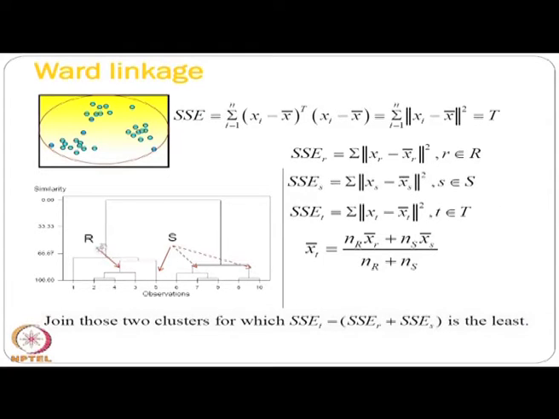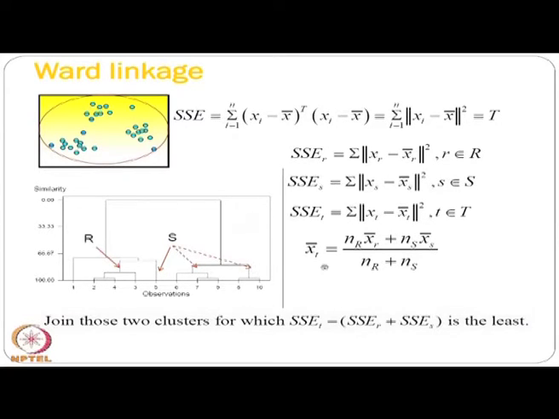Now, if I join R and S, what will happen? For example, if I consider S as the fifth one, then the resultant cluster will have the observations 2, 4, 3 and 5. If I call this resultant cluster T, you will find SST considering the distances of these 4 objects, 2, 4, 3, 5, the sum total of this.